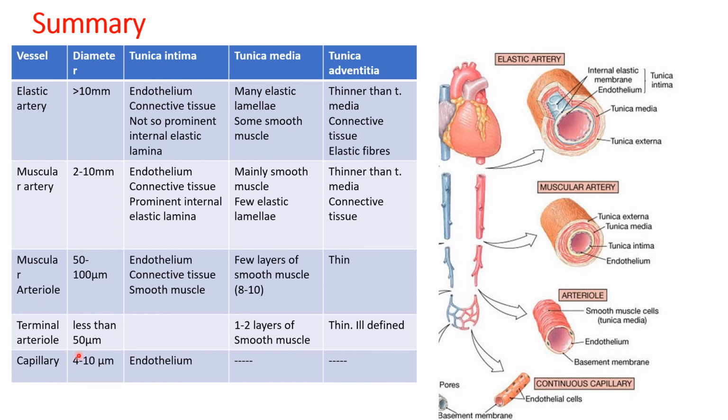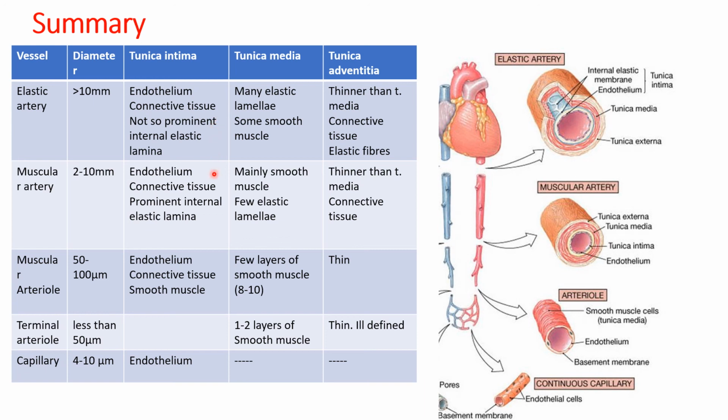So the basic differences, as we go from elastic artery to the capillary, the diameter considerably narrows or reduces. Now the basic layer in the elastic artery in the tunica intima include the endothelium, the subendothelial connective tissue, and the internal elastic lamina, but the internal elastic lamina is not very prominent here.